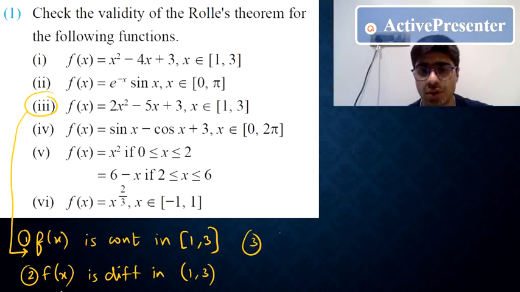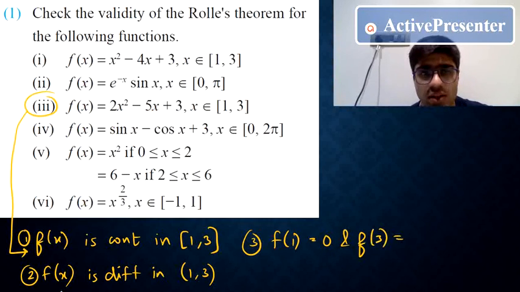Let's check for the third condition. If I try finding f of 1, it will be 2 minus 5 plus 3, which is equal to 0, and f of 3 is equal to 2 into 9, that's 18, 18 minus 15, which is 3, plus 3, which is equal to 6. And we see that f of 1 is not equal to f of 3.